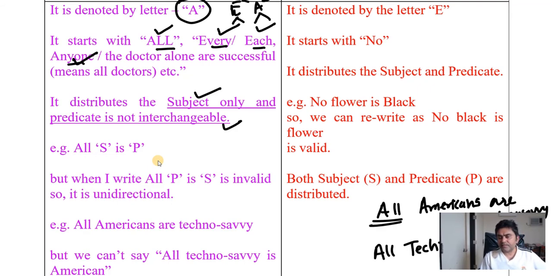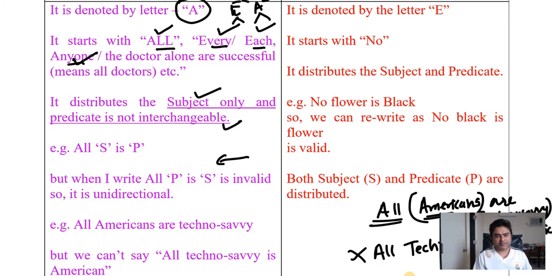This is wrong. I cannot go back. So it distributes only American. It includes only Americans who are techno savvy, but being techno savvy does not mean that he is American. Are you getting the point? So it distributes, meaning it includes, only the subject. The subject is S. So all S is P, but I cannot say all P is S.